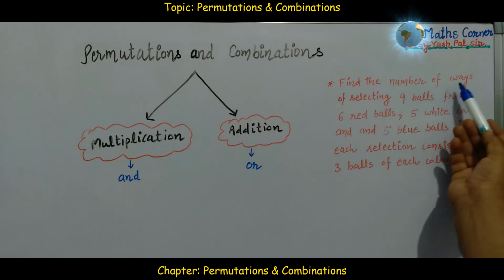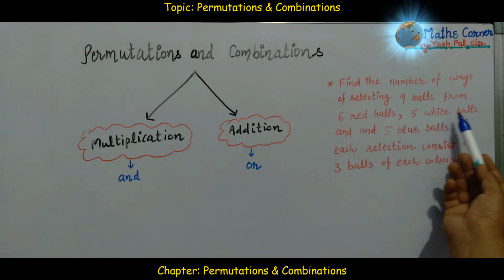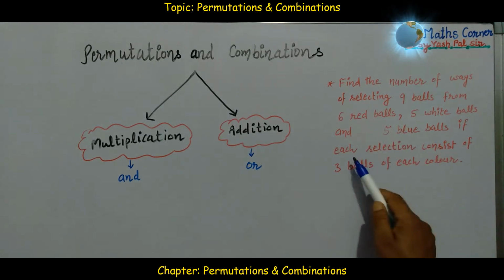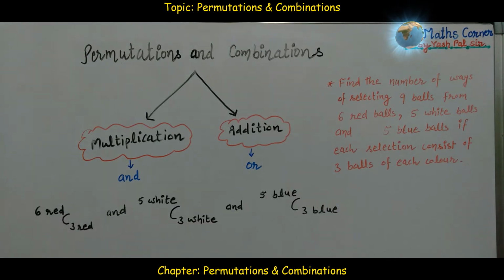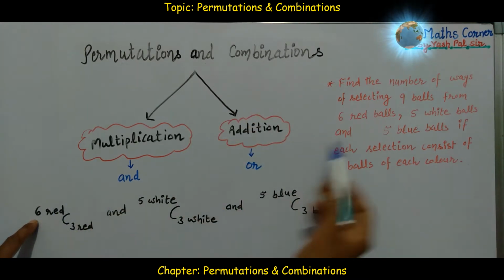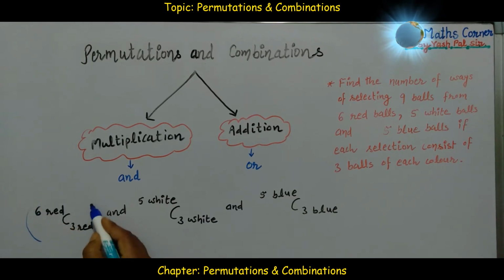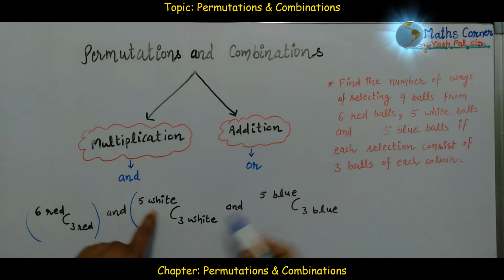Find the number of ways of selecting 9 balls from 6 red balls, 5 white balls and 5 blue balls, if each selection consists of 3 balls of each color. To solve this question, we can use this combination formula. Out of 6 red balls, only 3 red balls we are selecting here, and out of 5 white balls we are selecting 3 white balls.